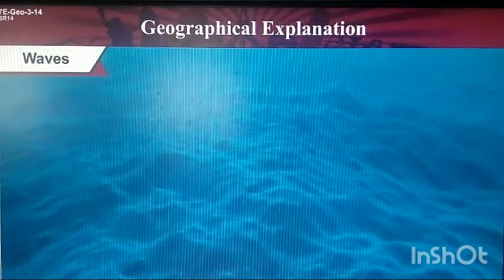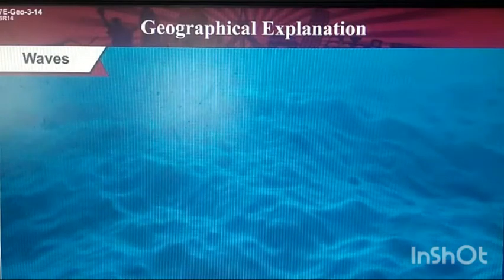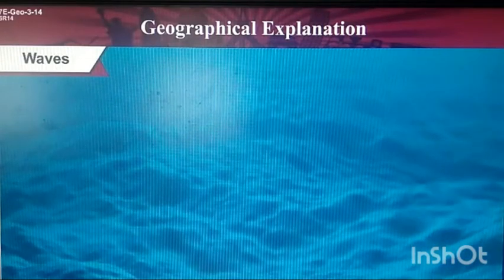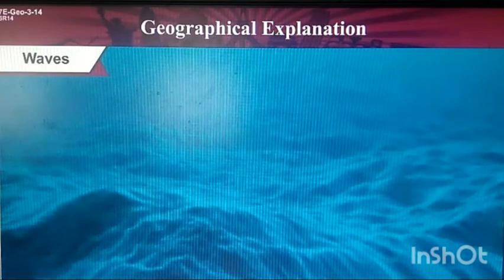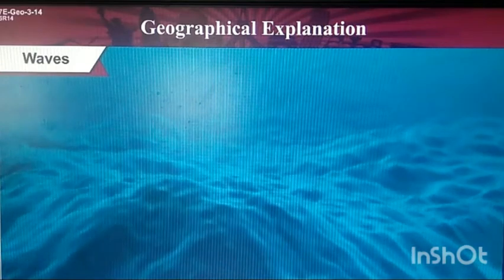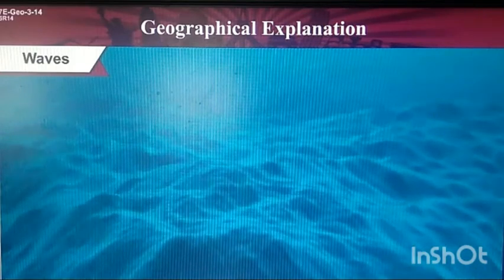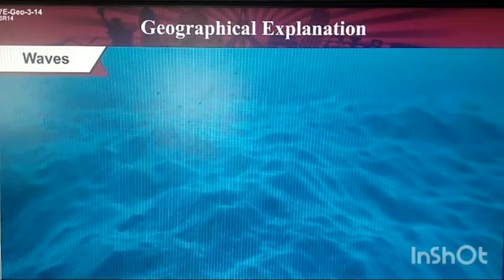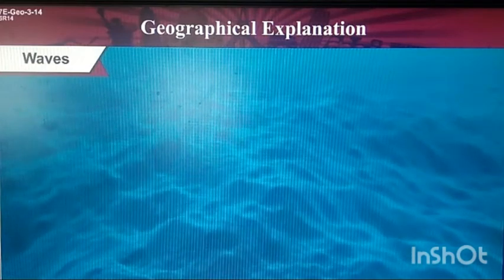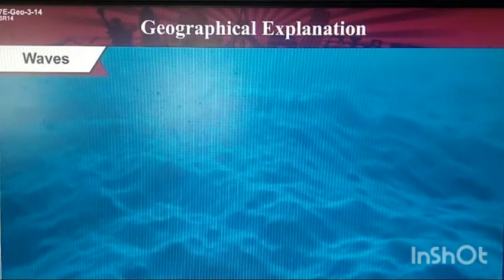If the water is still or stable, that means if it does not move, it will not show any ripples. But if we blow or throw something in the water, ripples are formed or created. So, water moves due to the force of the wind. Now let us understand what are waves.